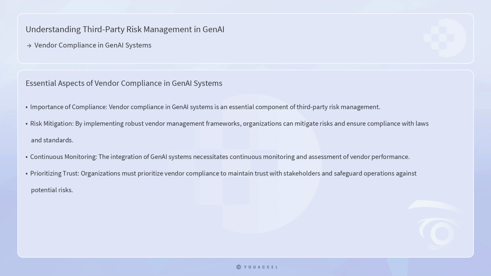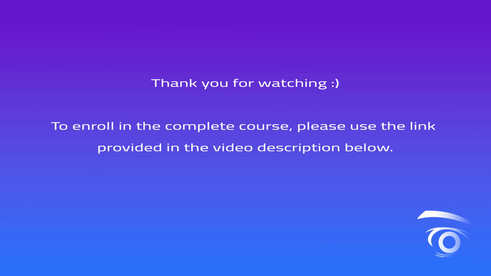The integration of GenAI systems into business operations presents unique challenges, necessitating continuous monitoring and assessment of vendor performance. As AI technologies continue to evolve, organizations must prioritize vendor compliance to maintain trust with stakeholders and safeguard their operations against potential risks. This concludes the lesson.